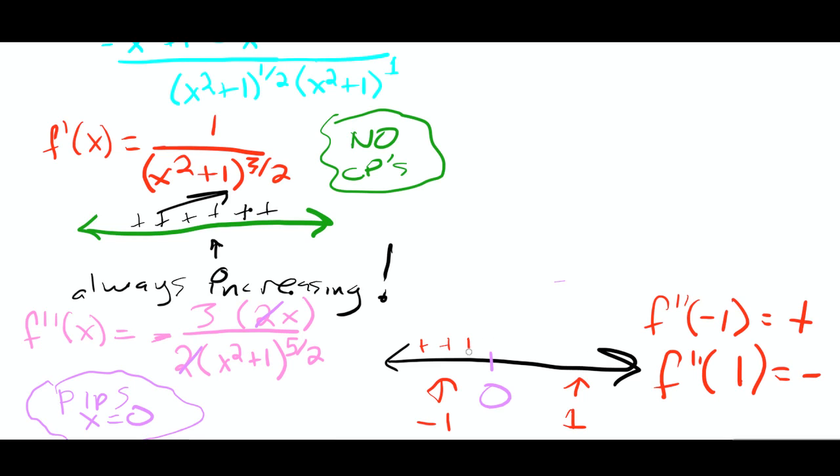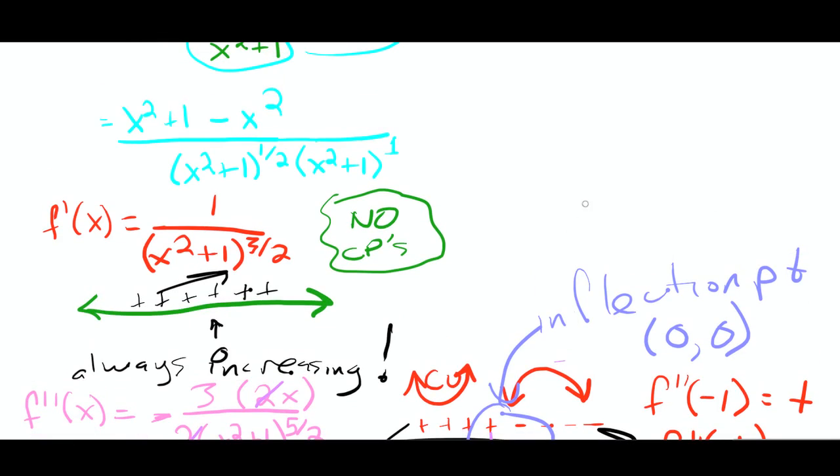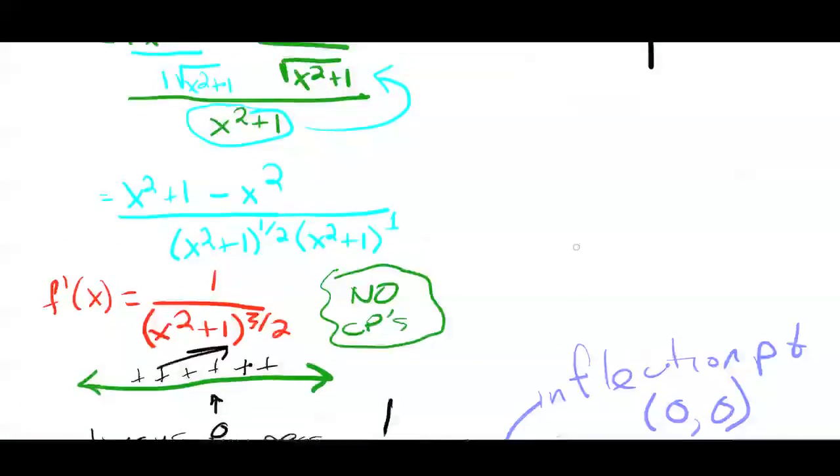So you've got positive, which means concave up, and then you've got negative, which means concave down. So what this tells us is that we have an inflection point at the point 0, and then if you plug 0 into the original, you'll notice that you get 0 for the y value.